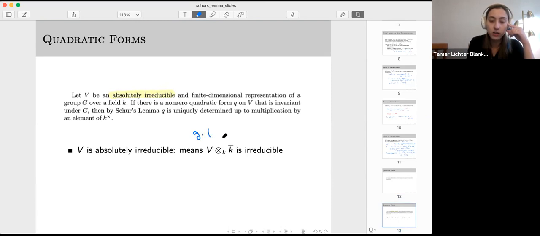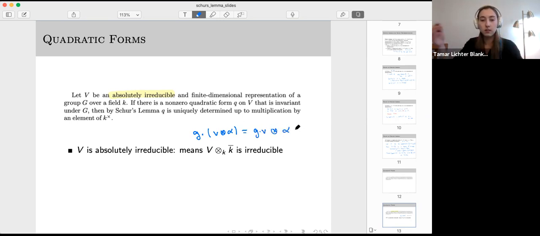If you take a simple tensor v tensor alpha, where v is a vector in V and alpha is some element of the algebraically closed field, this just is g dot v tensor alpha. And so you get an action on the extended vector space. What that gives you is, from the representation over K, a representation over K bar.